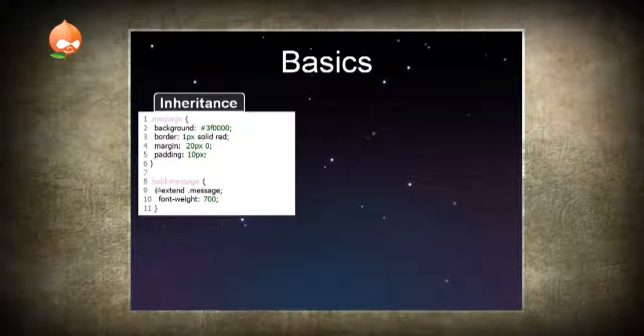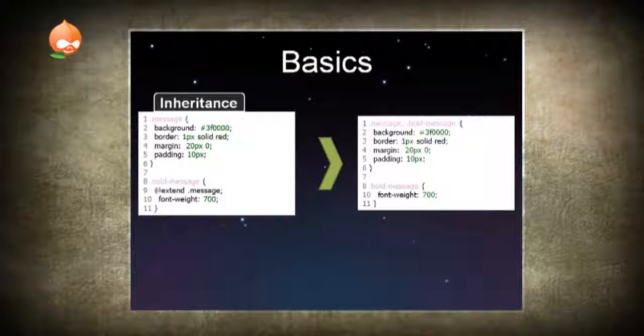And this is actually a newer feature that I haven't used a whole lot. It's called inheritance, and it basically, so if you have a few selectors on a site that have nearly the same style, like this, but maybe you have one attribute that's a little bit different.